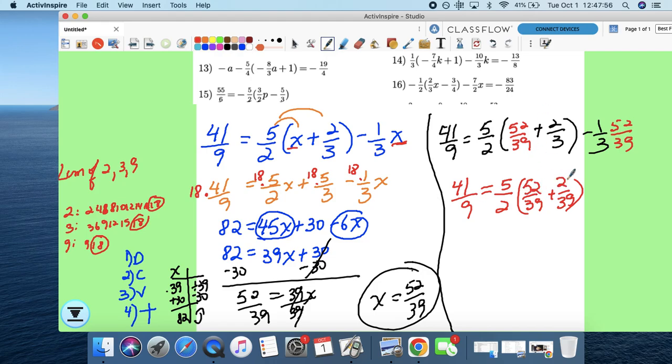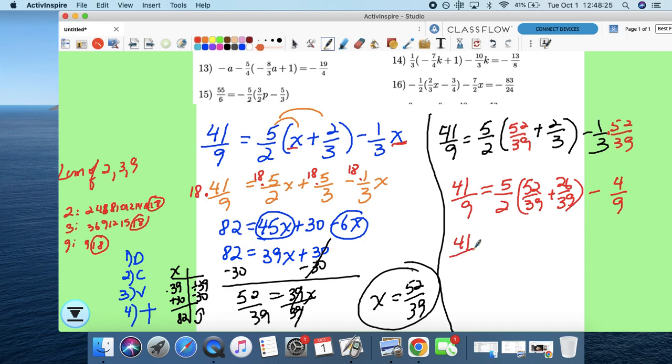This is 26 minus 1. This is going to give me, simplify, 4 over 9. So all this is going to be 4 over 9.